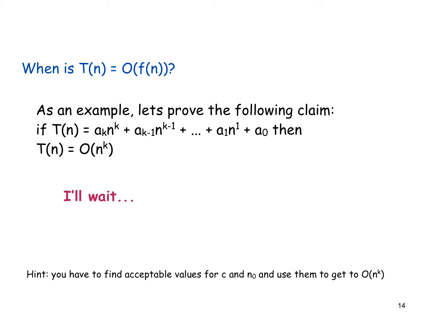And then we say that t of n is big O of n to the k. And the question is, how can we show that? And I'm not going to tell you right now. You're going to have to do it yourself. You can either stop the video to do that, or you can do it later. The hint at the bottom is important. You need to find acceptable values for c and n sub 0, and use them to get to big O of n to the k.